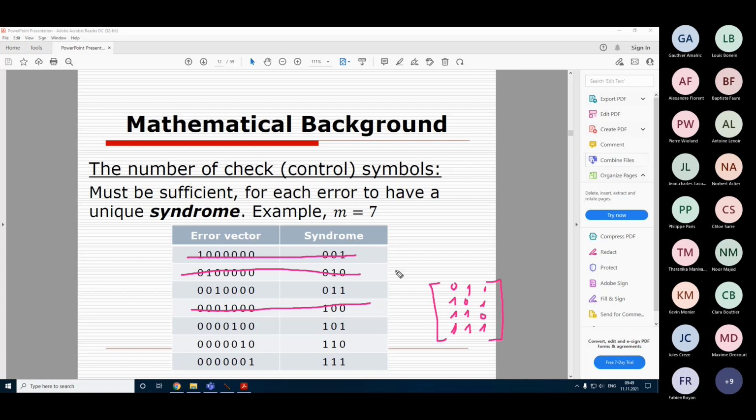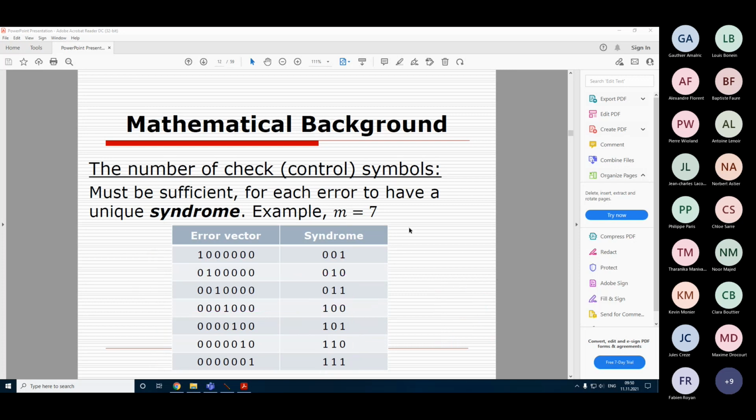And what is left is our encoding matrix. If we skip this part, you can see that we have our encoding matrix from this table, just by skipping rows with the control symbols. Here is E1, here is E2, here is E3, and this is C1, C2, C3, C4, the position of error in this symbol.